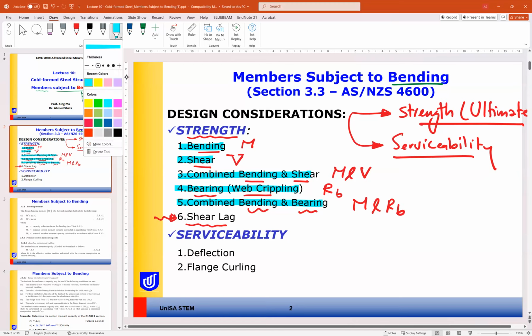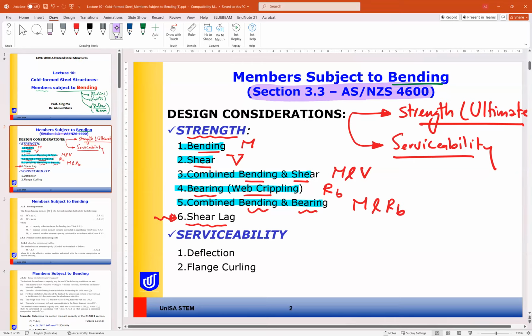Okay. Thank you. Here, what is the section covering the design for bending? Section 3.3 from Australian Standard AS/NZS 4600. So this is the design or the consideration for strength.